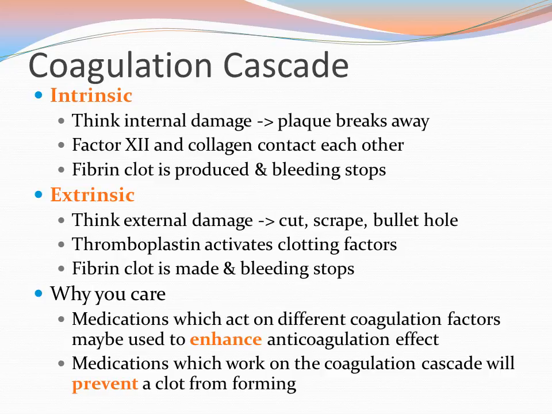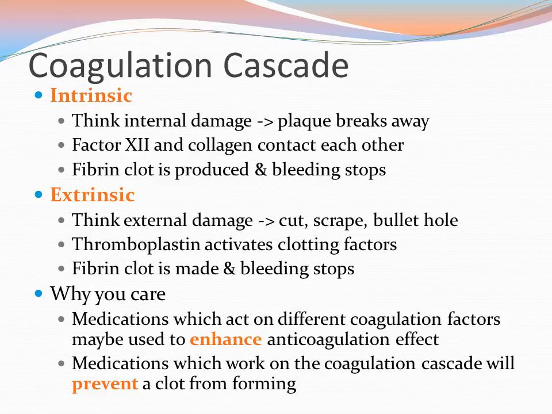Now on the flip side, you have the extrinsic coagulation cascade. For extrinsic, think of damage coming from the outside world. So this could be any sort of paper cut, a razor cut, if you fall and scrape your knee. Your book uses the example of getting shot by a bullet, which of course would be appropriate as well, just seems a little extreme. But extrinsic coagulation is meant to prevent you from bleeding outward, losing a massive amount of blood to the outside world.